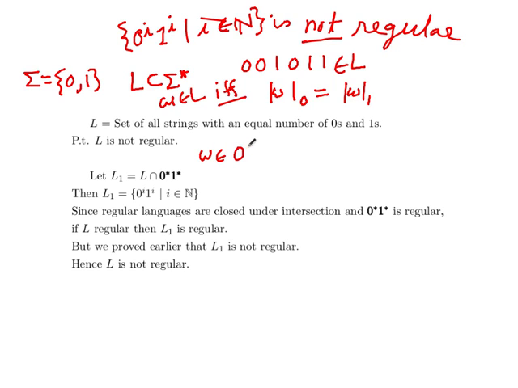So what I'm saying is that a string is in 0 star 1 star if and only if it is of the form 0 to the i, 1 to the j. But it is also in L, so this i and j must be equal, right?